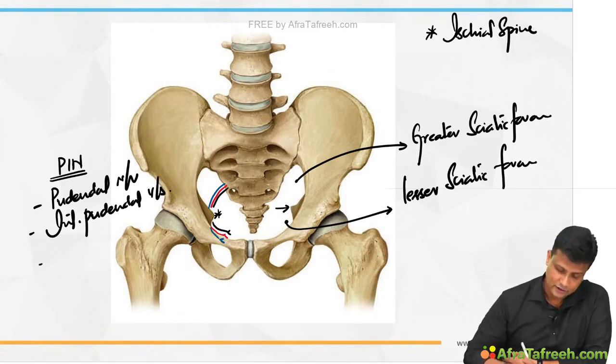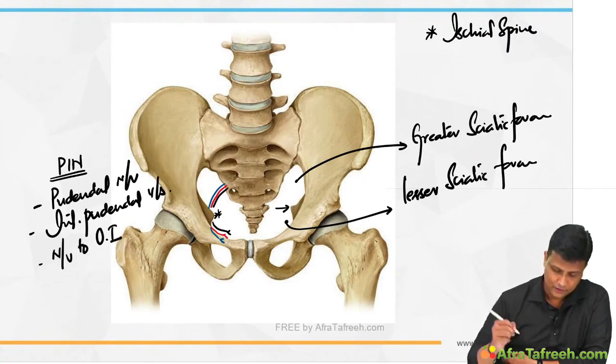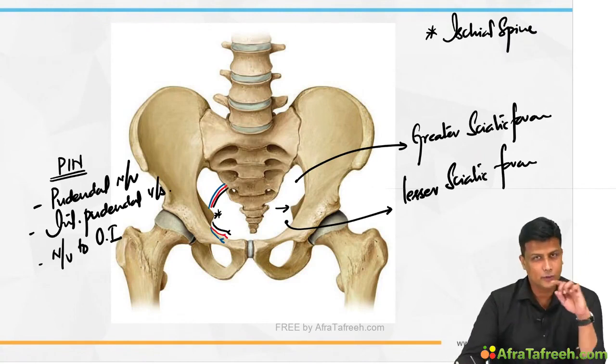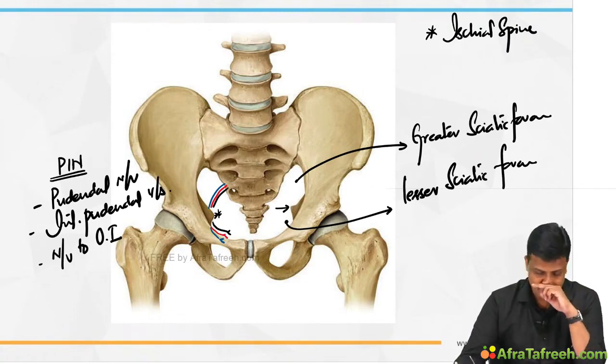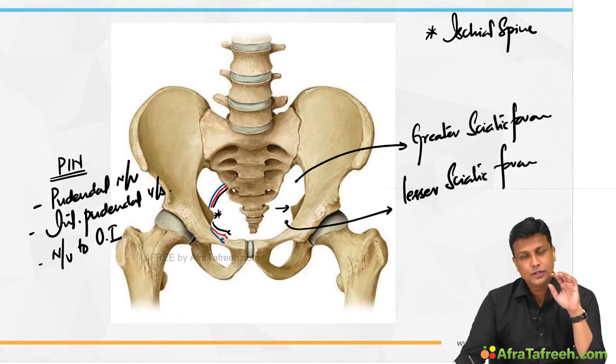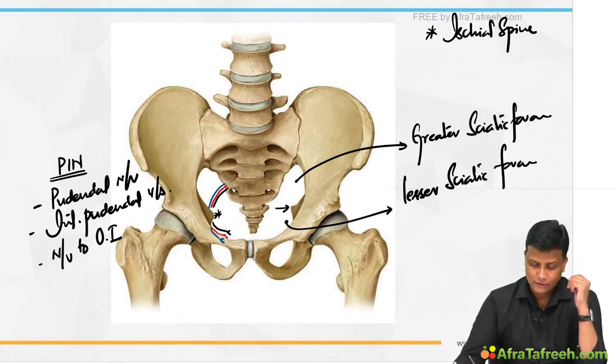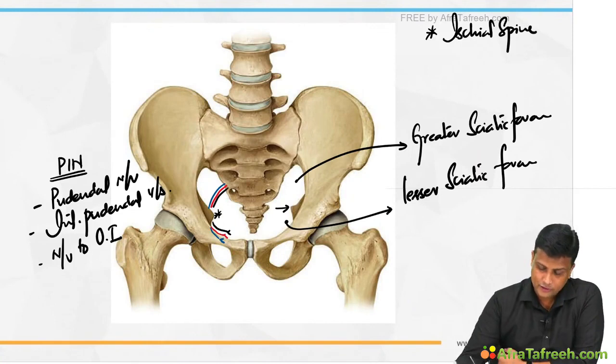N stands for nerve to obturator internus muscle. All these three take a turn around the ischial spine. They first go through the greater sciatic foramen, then take a turn and come out via the lesser sciatic foramen, and from there they enter the perineum region. The pelvis and perineum region below, it will be entering down, guys.